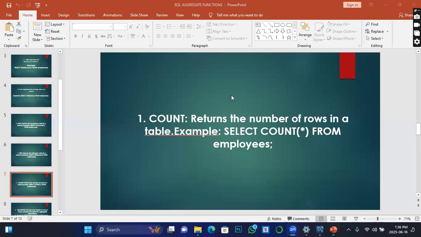Application of count function in data analysis using SQL.